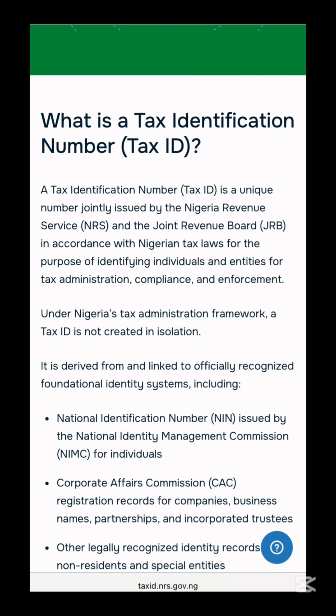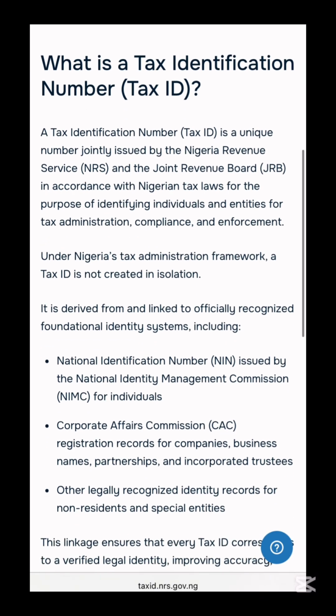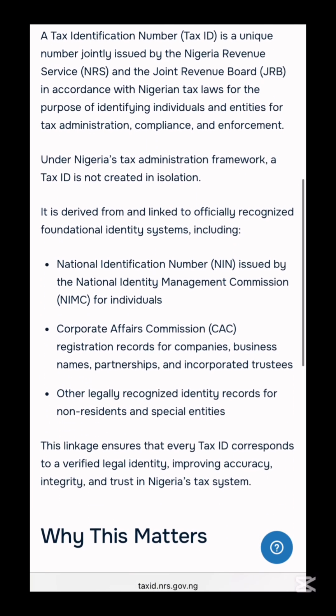As I said earlier, we'll have NRS and JRB. It says that under Nigeria's tax administration framework, a tax ID is not created in isolation. It is derived from and linked to officially recognized foundational identity systems.